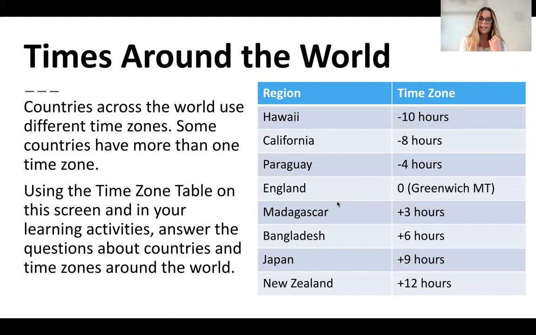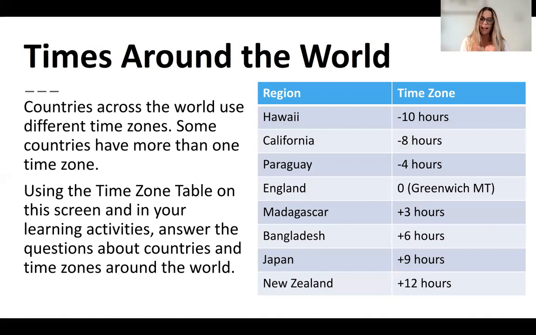I want you to have a look at the table. We can see that England, our time zone is at 0. If we look down to New Zealand, we're 12 hours in front. So New Zealand is 12 hours in front.